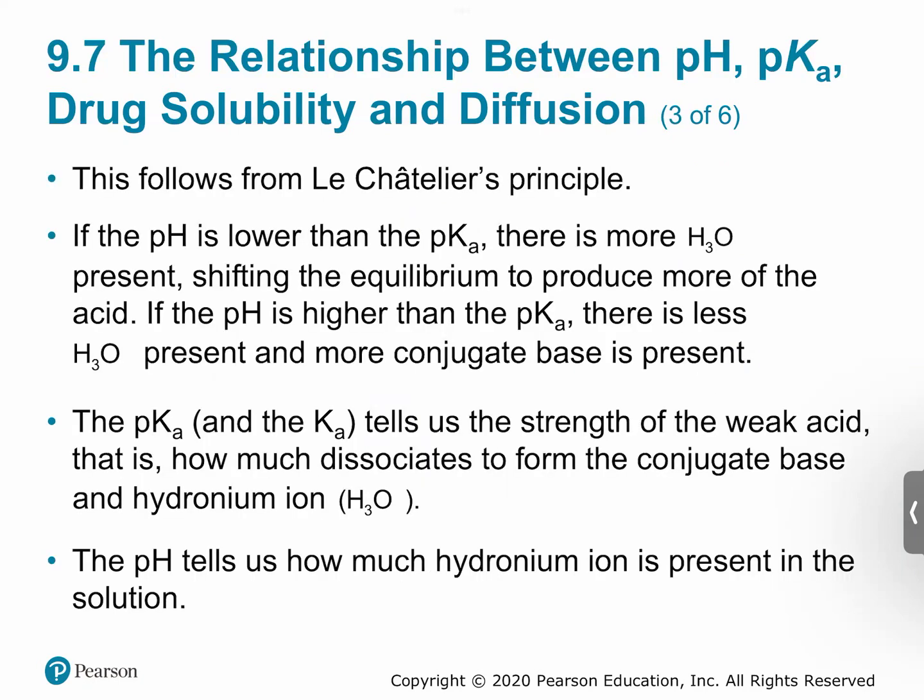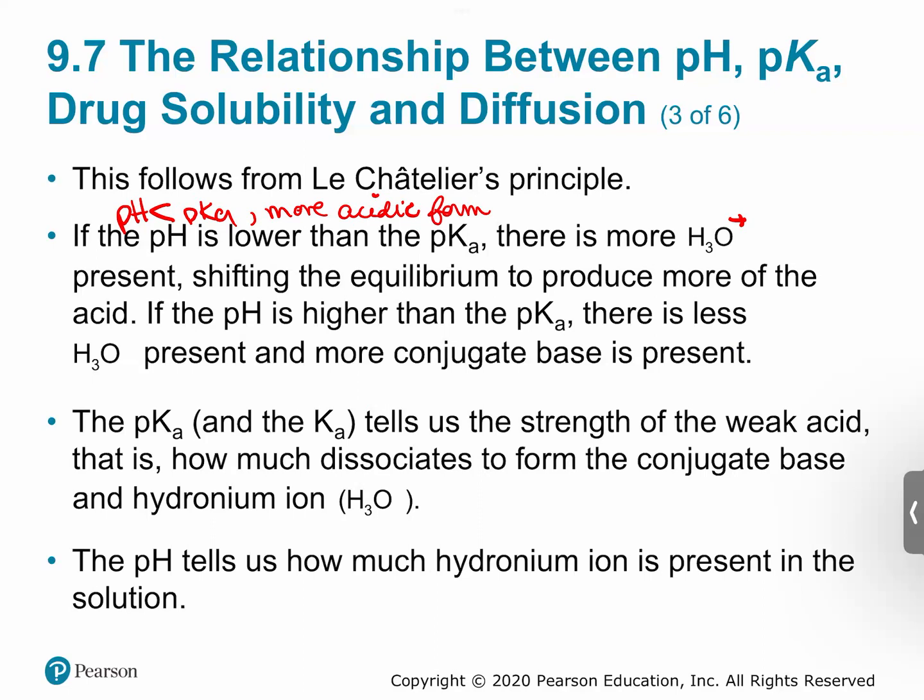And look, we're talking about that here on the next slide. So if the pH is lower than the pKa, that pKa value, that means you have more hydronium ions. So that means that you have a more acidic form there. It's more acidic, the lower the pH.